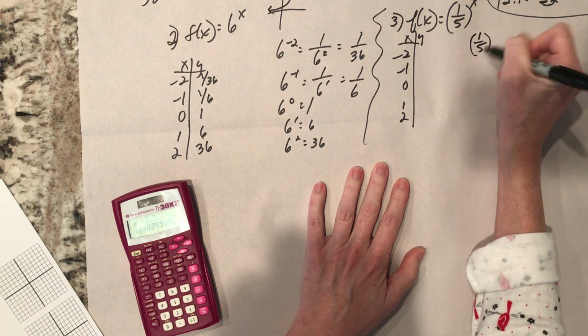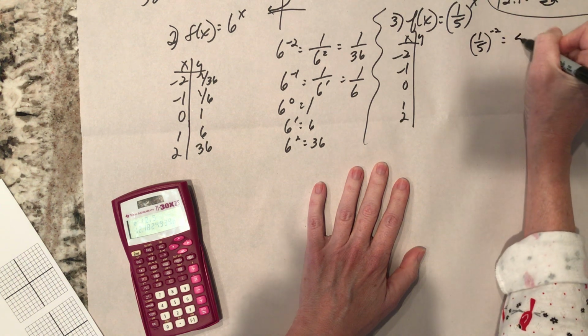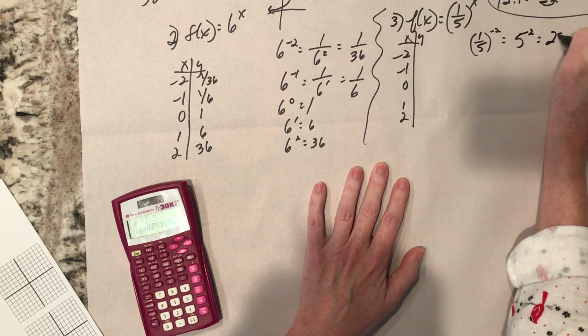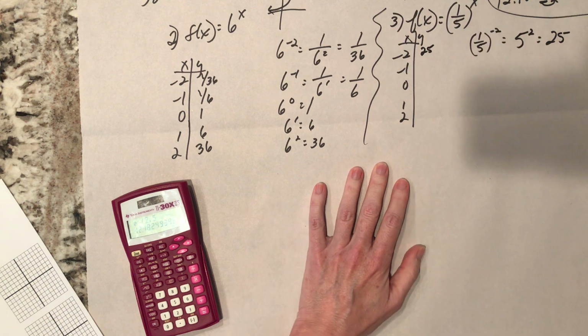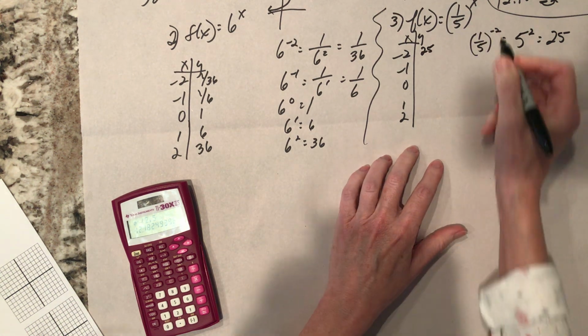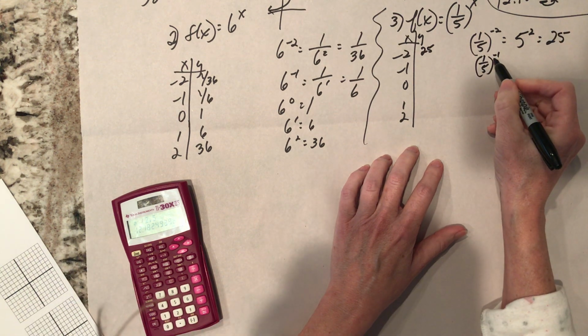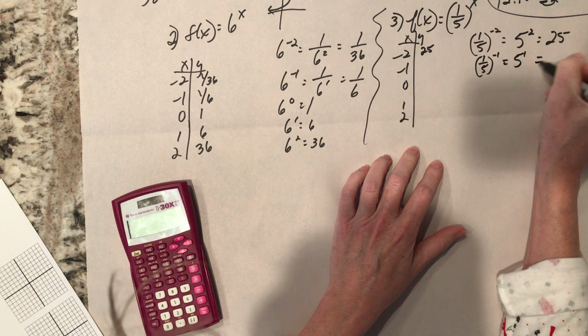Then we've got 1/5 raised to the -2 power. Move it. So we've got 5 squared. We get 25 for that. Then we've got 1/5 raised to the -1 power. Again, the negative exponent says move it.